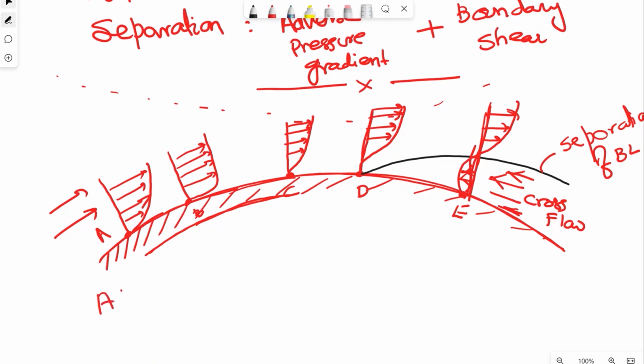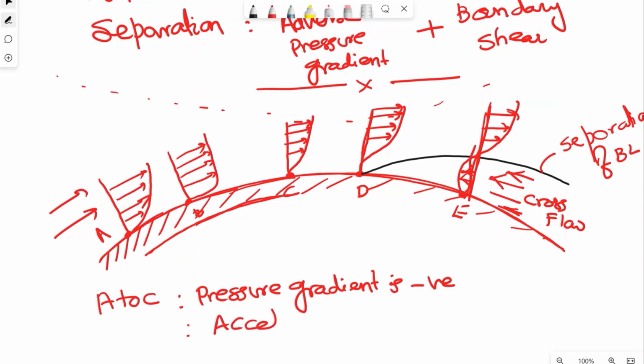Up to A to C, it is an accelerating flow because velocity increases.